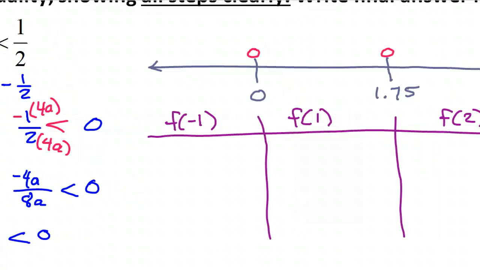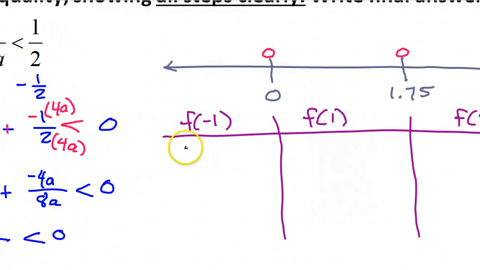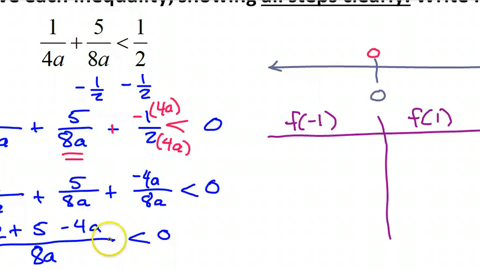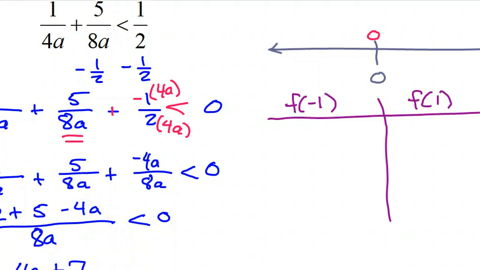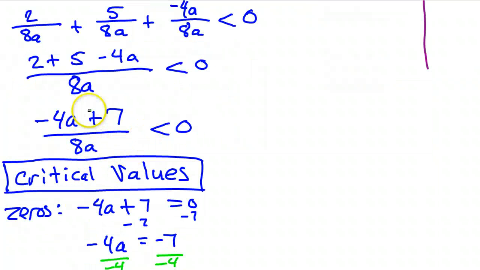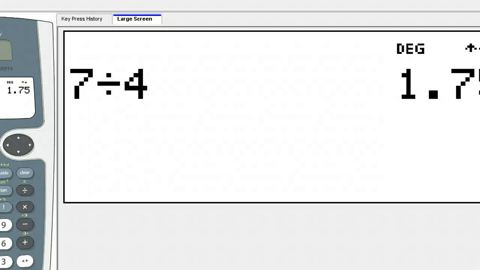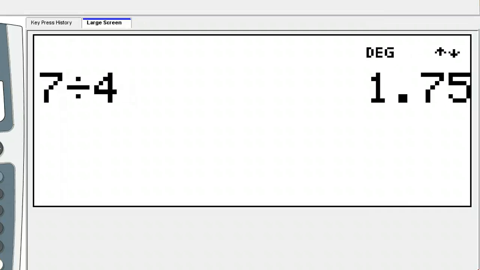Okay, so let's evaluate the function and find out if the function is less than 0 at these test values. So I think the easiest thing to do is go back to one of our early forms, well, you know what, let's just keep it. Let's use this form. And I'm going to use my calculator, my TI-30XS Multiview. So handy, so helpful.